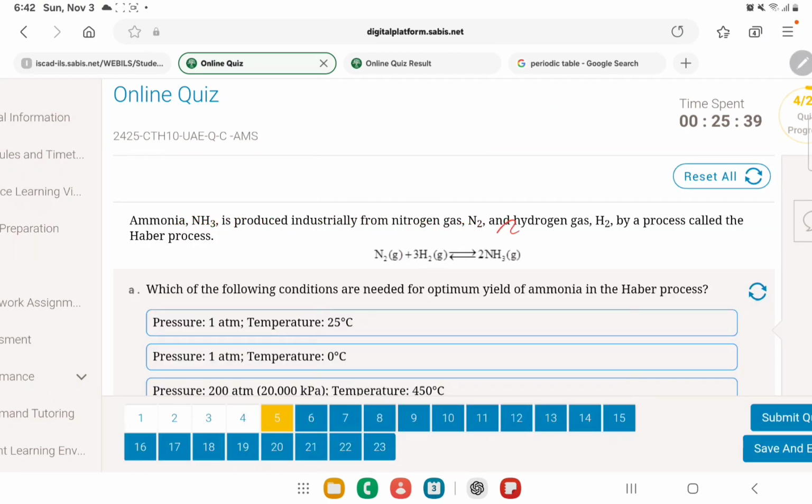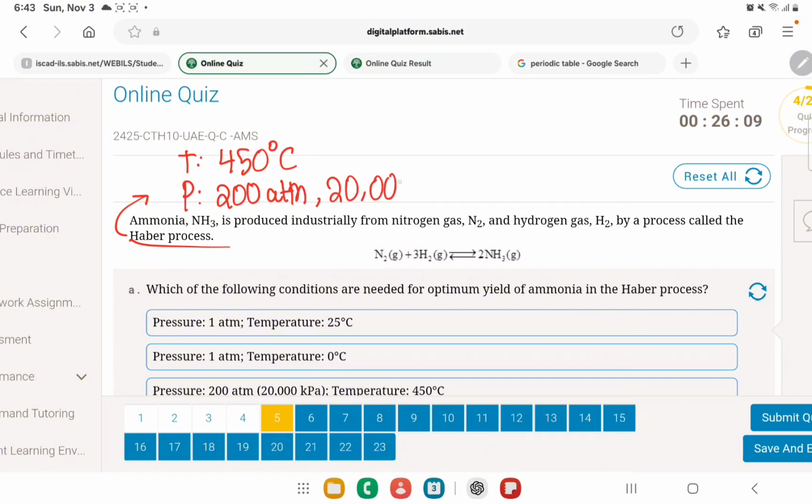Ammonia is produced industrially from nitrogen gas and hydrogen gas, a process called the Haber process. So again, Haber process, it uses a temperature of 450 degrees Celsius and pressure of 200 atm, which if you convert that to kilopascals would be times 100, so 20,000 kilopascals.